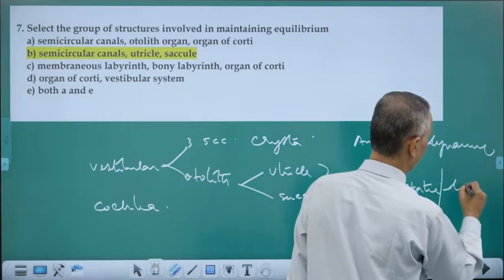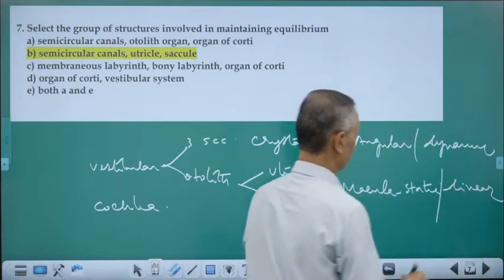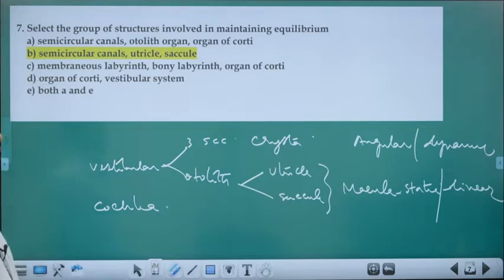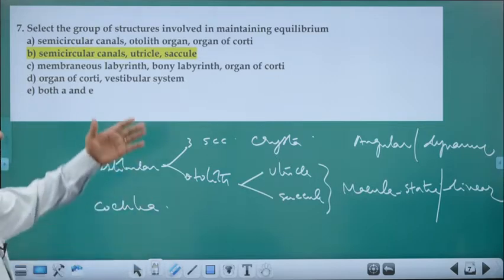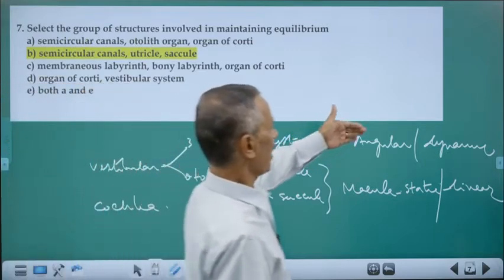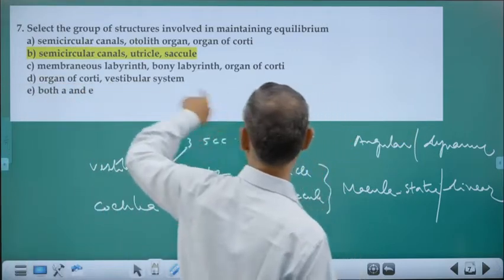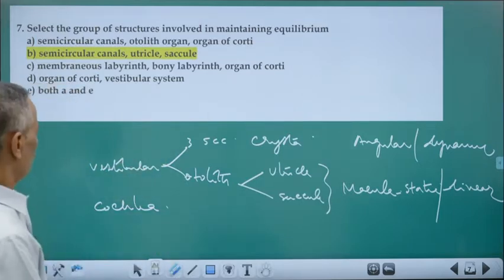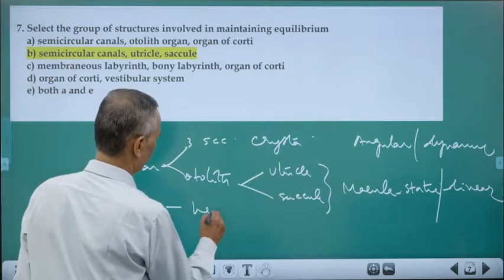That is called linear equilibrium. So the macula brings about static or linear equilibrium, whereas the crista in the semicircular canals is responsible for angular and dynamic equilibrium. So semicircular canals, utricle and saccule. Cochlea is concerned with only hearing.